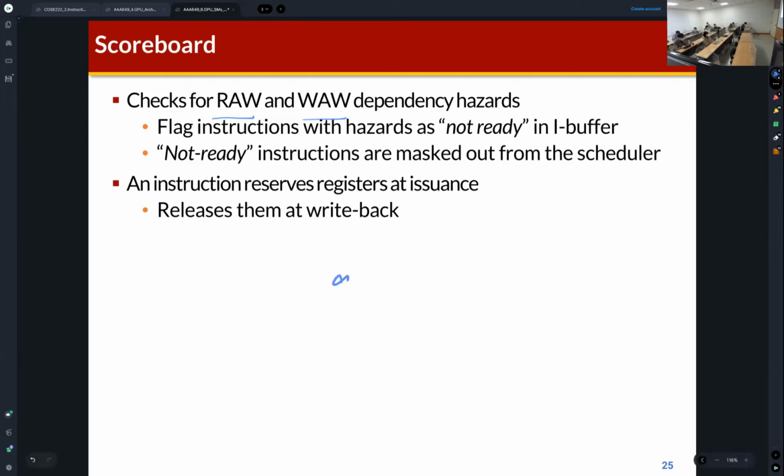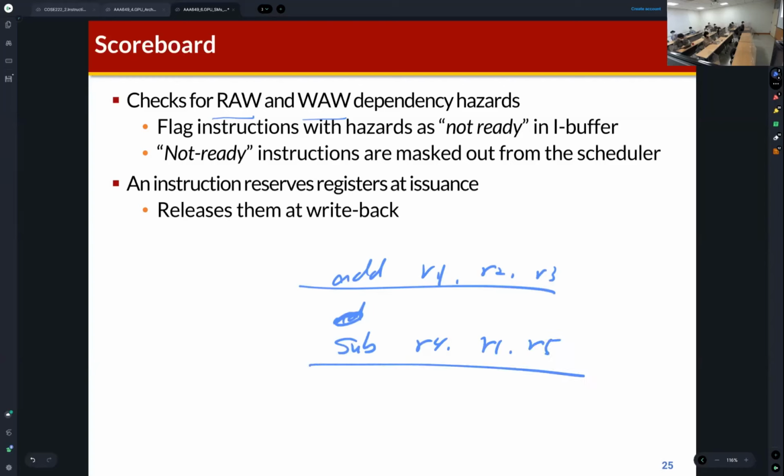So for example, add R1, R2, R3, and then another, sub R4, R1, R5. We can easily check the data dependency between these two instructions.